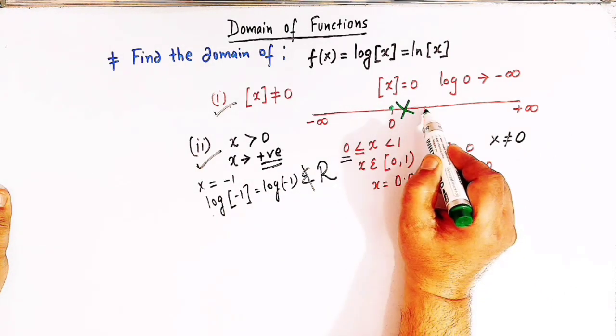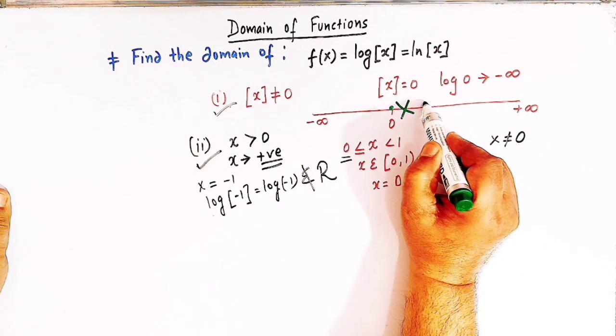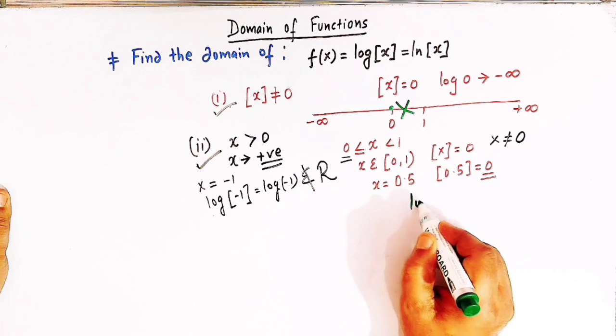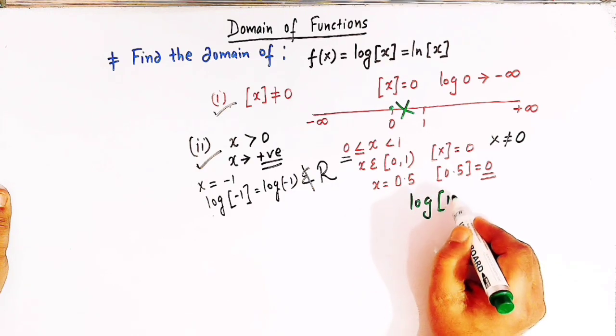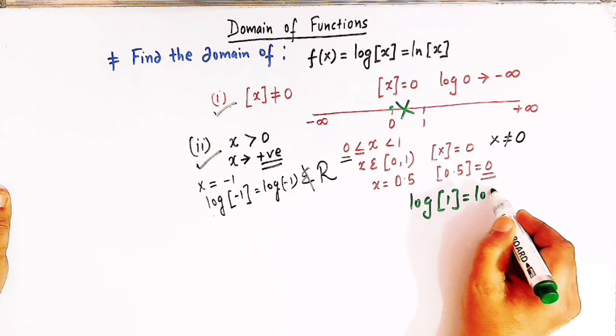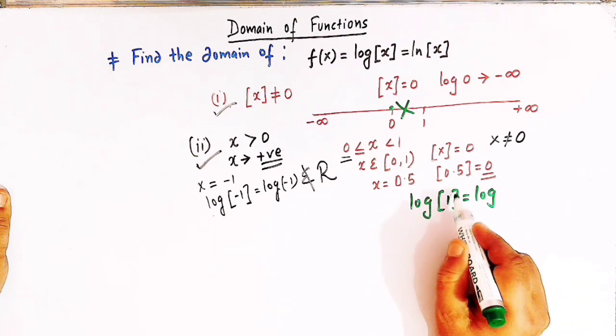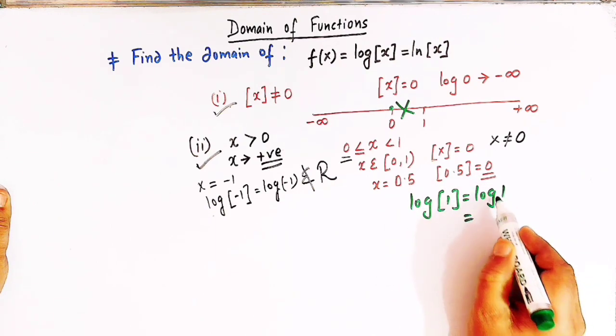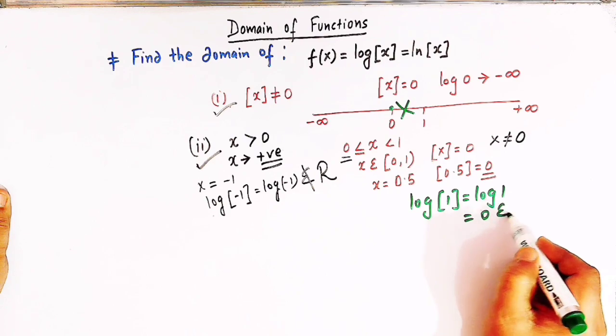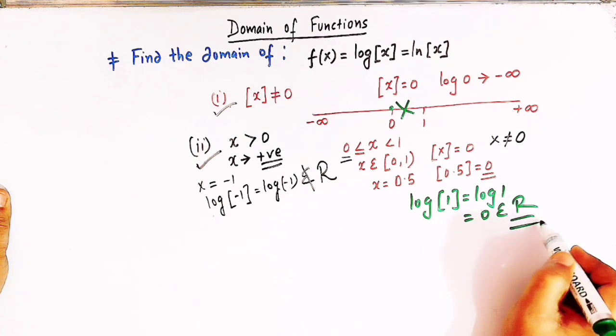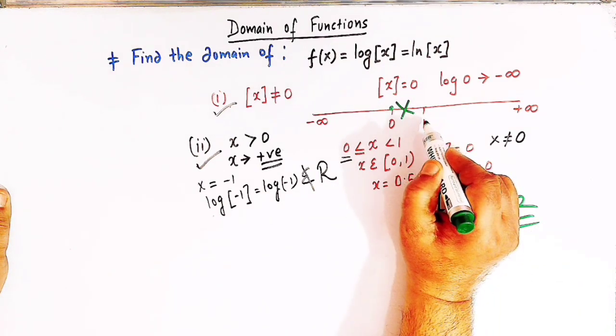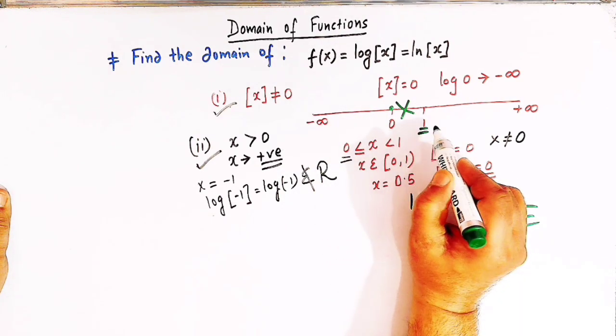Okay, and x equal to 1 may be taken because log of greatest integer of 1 is log of 1, which is 0, and 0 belongs to the set of real numbers, right? So we can include x equal to 1, right?